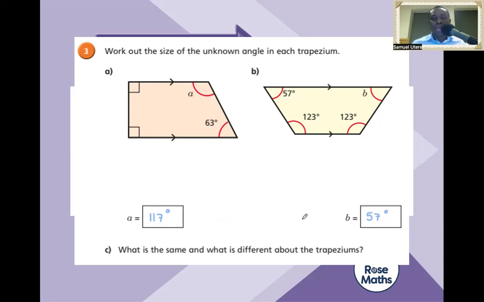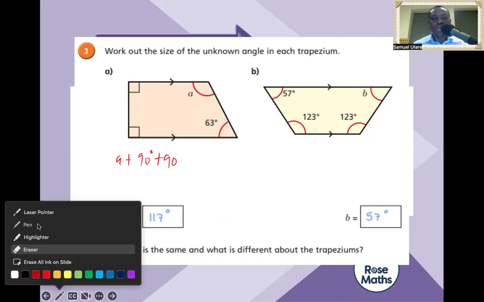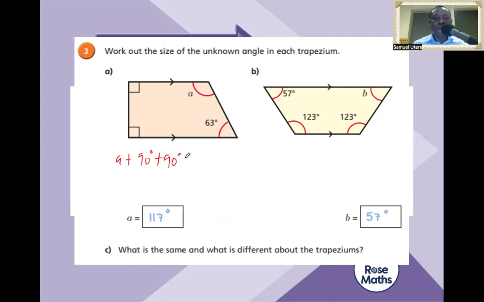So here we know the equation you would form will be A, add 90 degrees, add 90 degrees, add 63 degrees, equal to 360 degrees. Now you have A, add 90 plus 90, which is 180, plus 63.